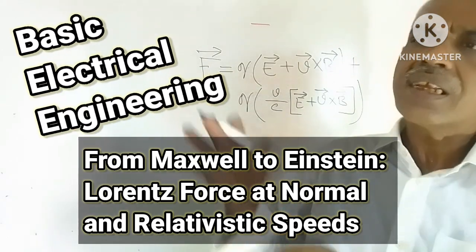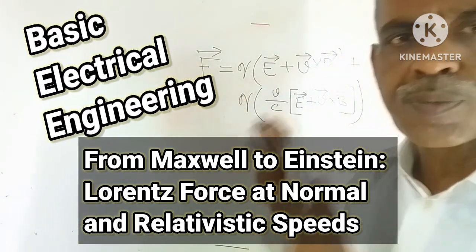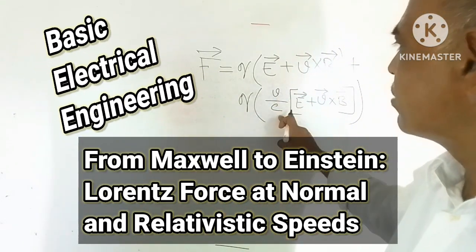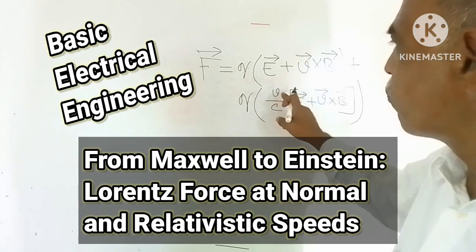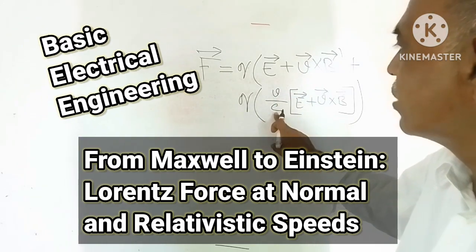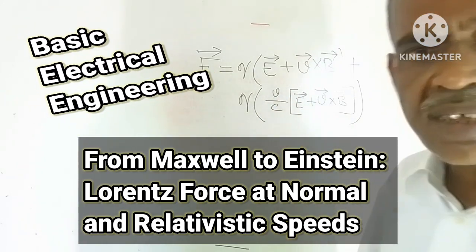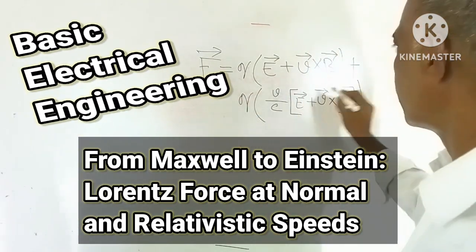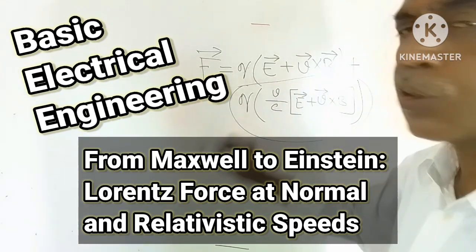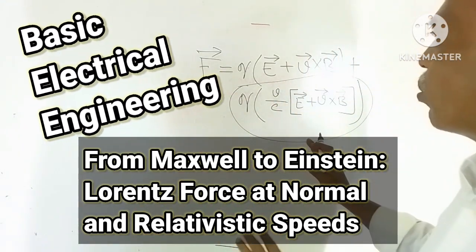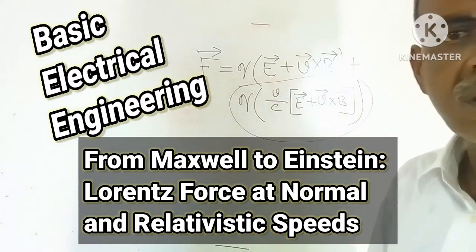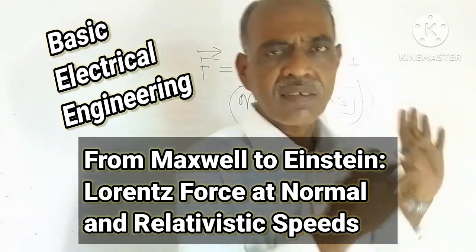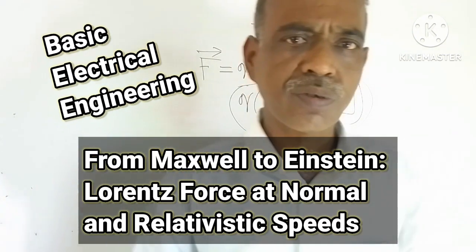For all the cases, the entire expression can be used, and you can easily see that this v by c term is there. If v is very, very small as compared to c, then this becomes very much less than 1, and the lower expression becomes negligibly small as compared to the first one. So for relativistic speeds, this is the total expression for Lorentz force.